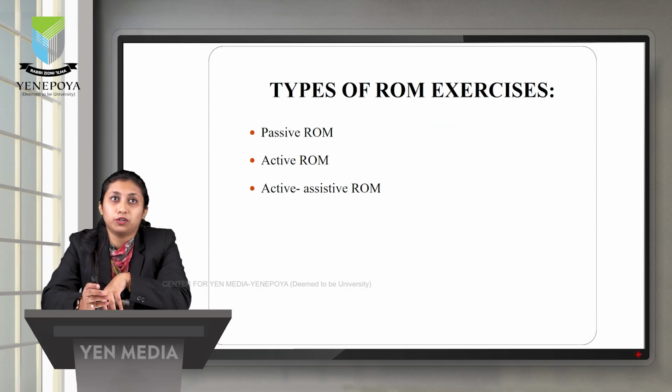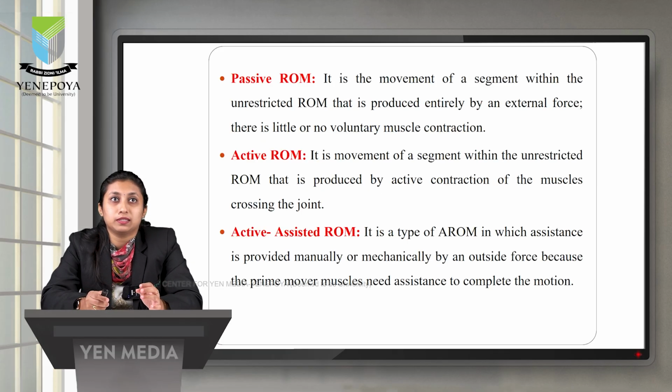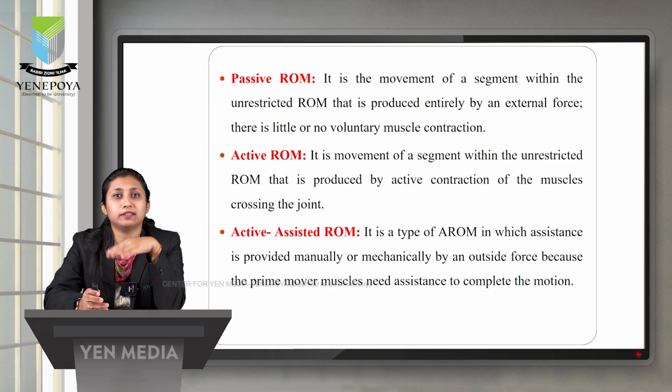Now moving on to the types of range of motion exercise, which are basically passive, active and active assisted. Before we see the definition, in general terms, active range of motion is if I am doing my wrist into flexion and extension by myself. These are called active range of motion exercise or active movements.